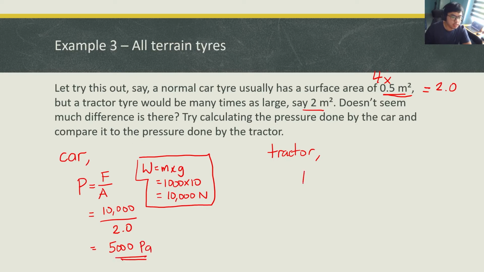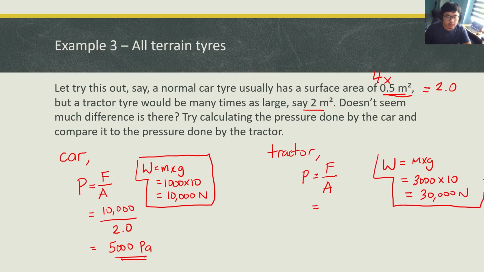What about the tractor? Let's calculate that one. It's the same calculation. The force of the tractor exerted on the ground is again equal to the weight. The mass of the tractor is very heavy, 3,000. So that will give a weight of 30,000 newtons for the tractor. What's the area?